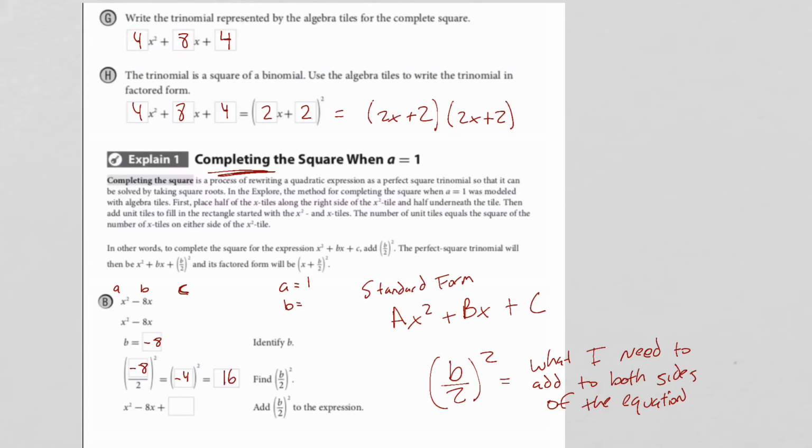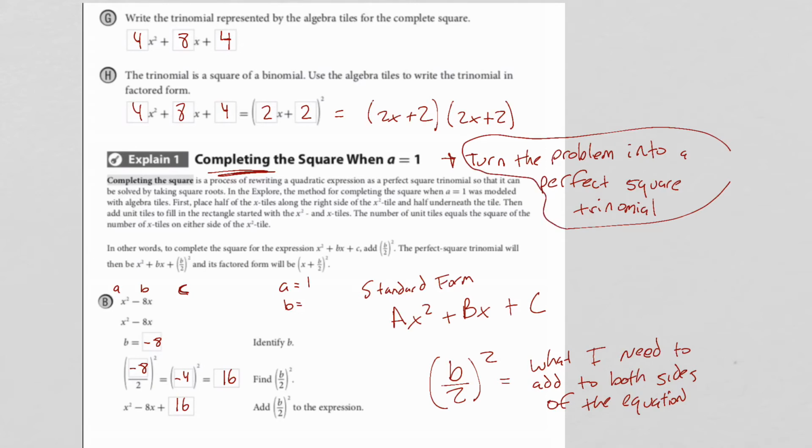So in order to complete the square, which means essentially turning the problem into a perfect square trinomial. Gee, I wonder why I called it completing the square instead of turning the problem into a perfect square trinomial. But that's essentially what you're doing.